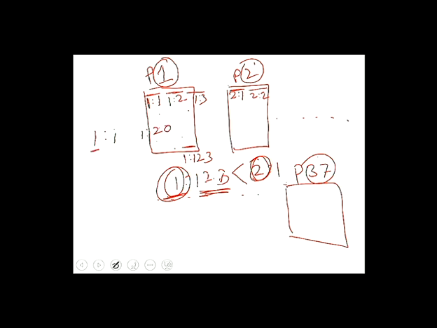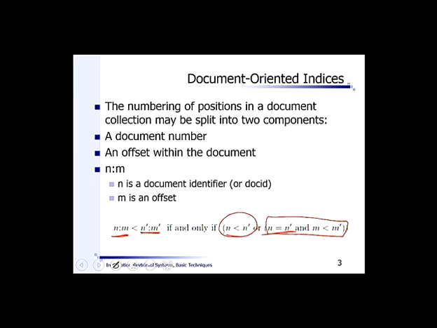Now n and n prime are the same, so this will be considered less than the other because of the second value: 1 is less than 20. So the simple way of looking at it is to first look at the document identifier. If it is a lesser value, then it will be considered less than the other index no matter what second value we have.